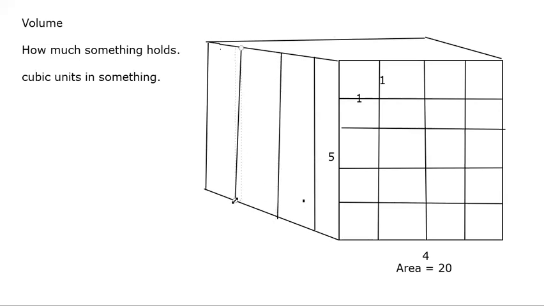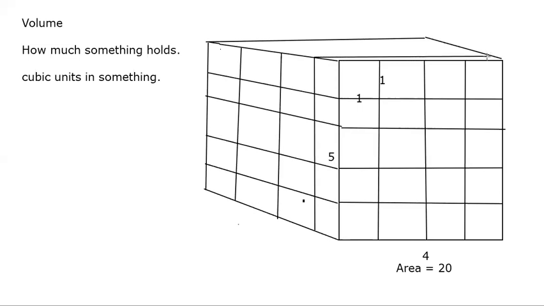Let's say that shape is 4 deep. Now you can see that that is made up of little cubes, and those little cubes are 1 unit thick.